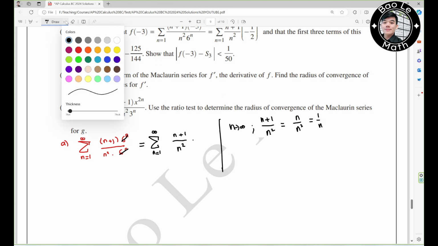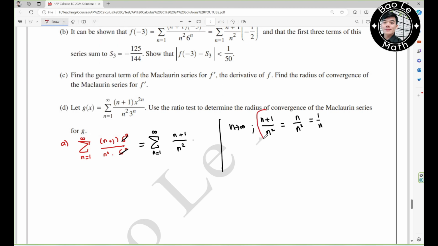So we compare this guy and this guy. Alright, so we have the limit when n approaches infinity of n plus 1 over n squared over 1 over n. Alright, so we just flip this one.